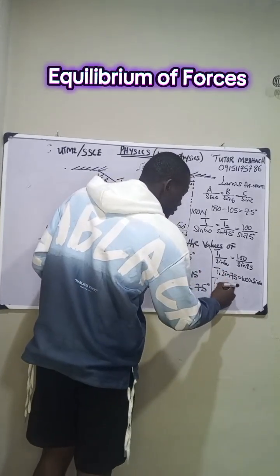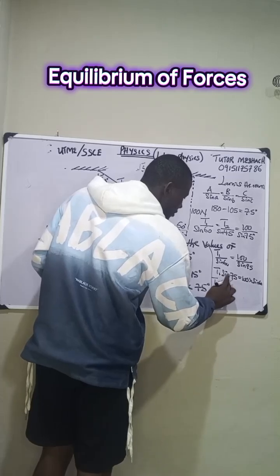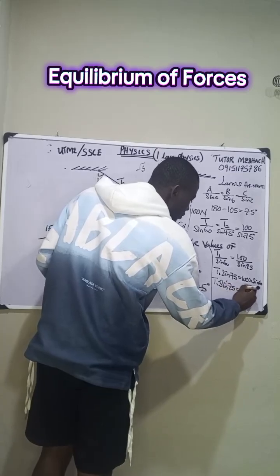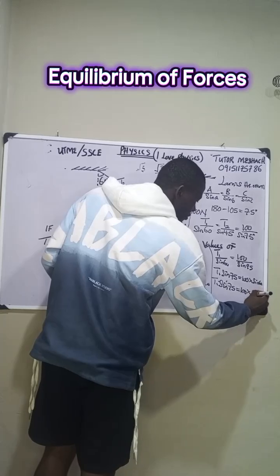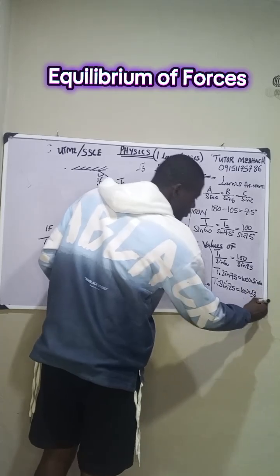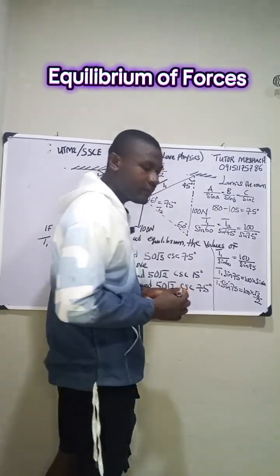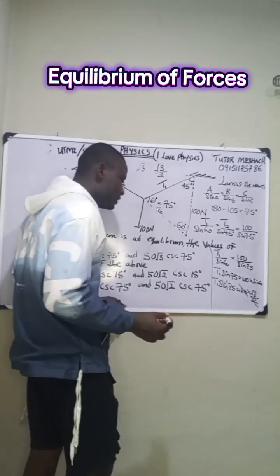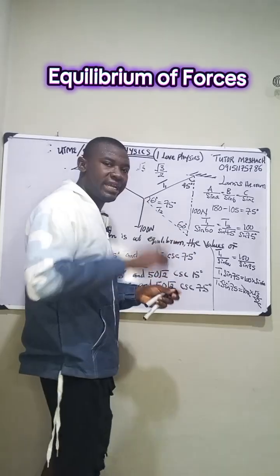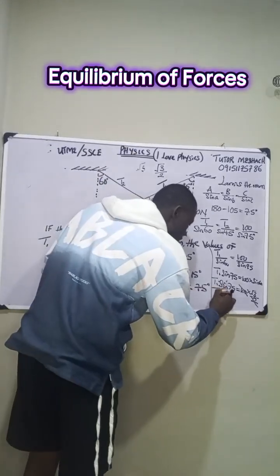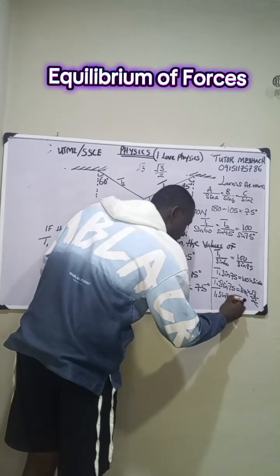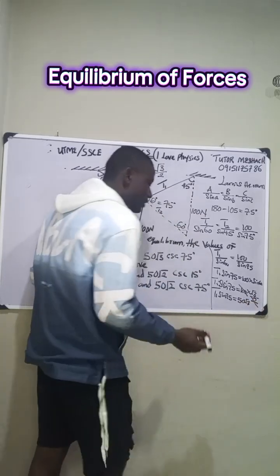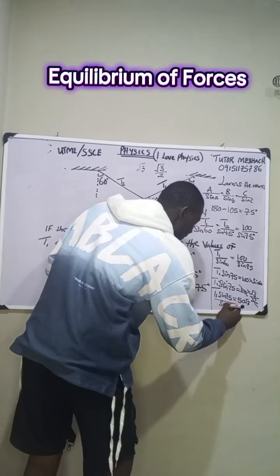Now, T1 sine 75 is equal to 100 times root 3 over 2. If you multiply 100 by root 3 over 2, what will you have? 50 root 3. So we have T1 sine 75 is equal to 50 root 3. Now we divide both sides by sine 75.